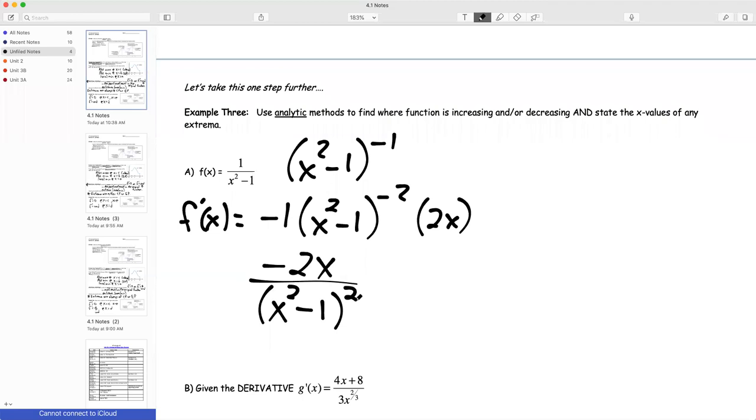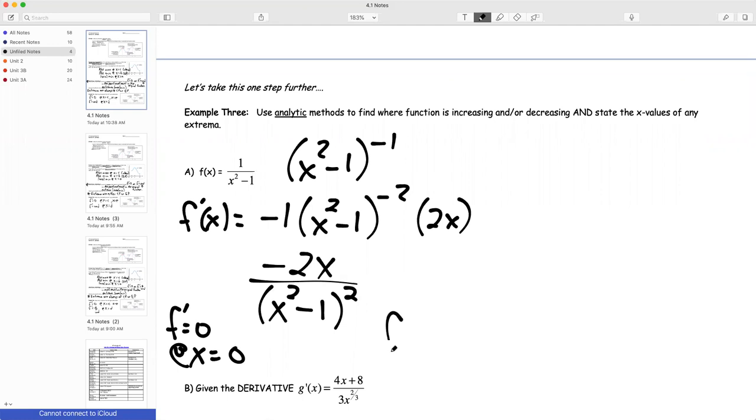So now I need to analyze the derivative and see whether the derivative is undefined or 0. So f prime equals 0 at x is equal to 0. I take negative 2x, excuse me, and set it equal to 0. That gives me 0.